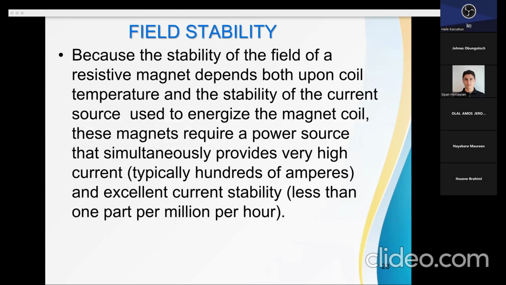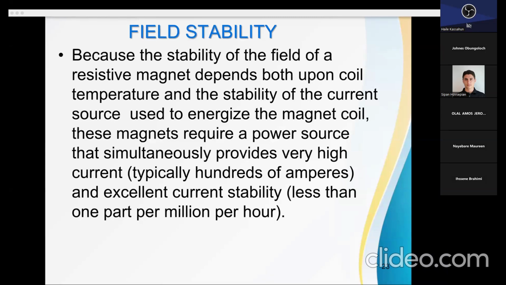The field stability of electromagnets is also an aspect that is a little bit difficult to conform to, because as the coils heat up, their resistance changes, the current that drives them then changes, and that might cause variability or inhomogeneities in the magnetic fields.